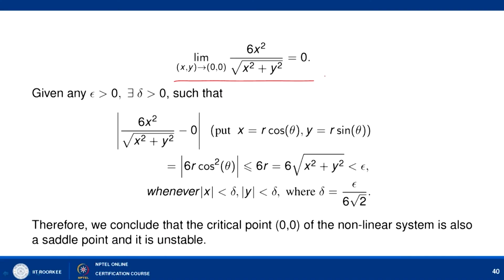So, to show that limit (x,y) tending to (0,0) of 6x square upon under root x square plus y square equal to 0, you may use the epsilon delta condition here.